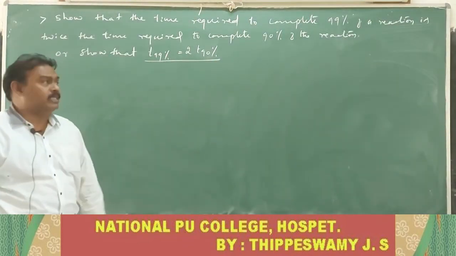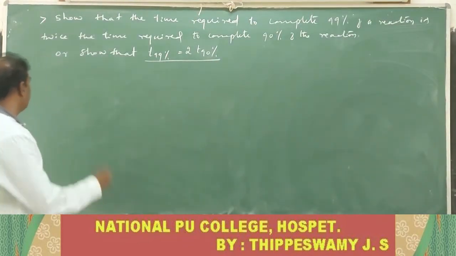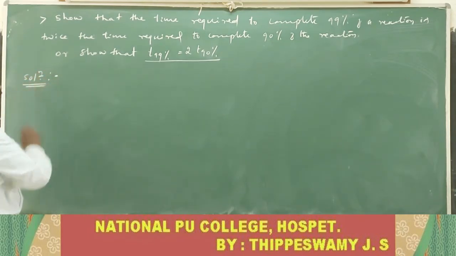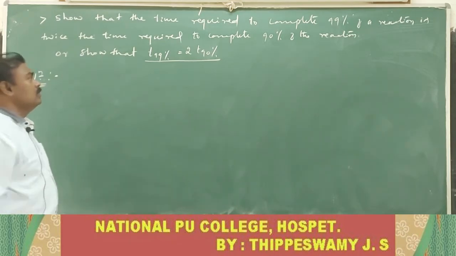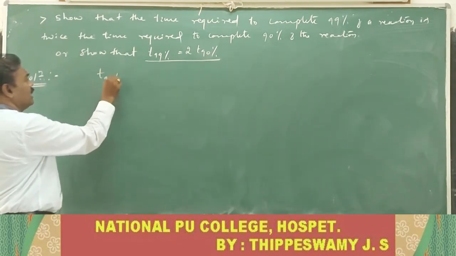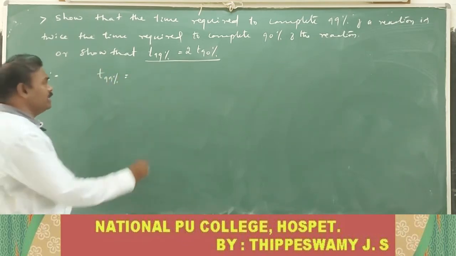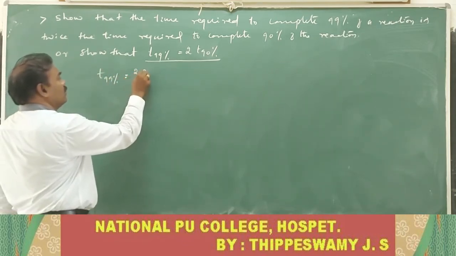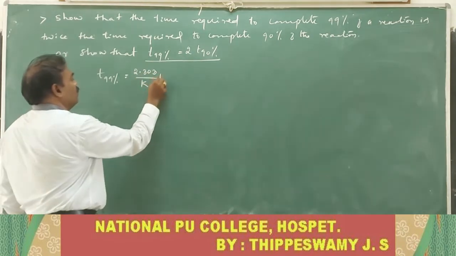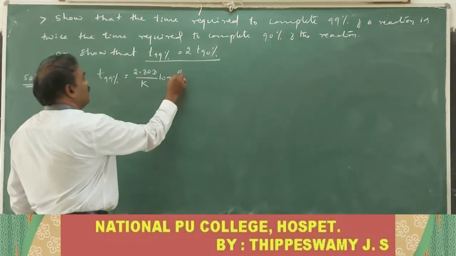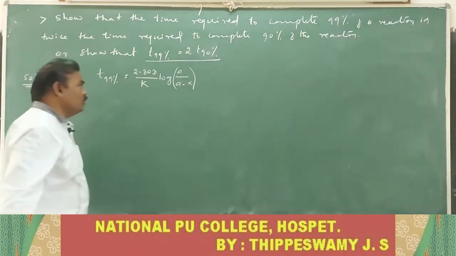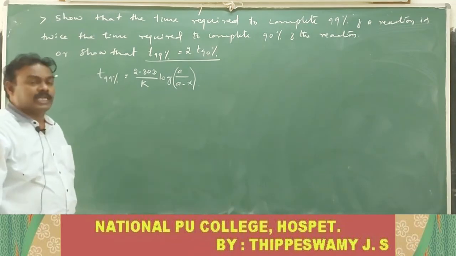So first of all, we'll go through the solution. Now write, according to first order kinetics, T 99% is equal to 2.303 divided by K into log of A divided by A minus X. This is the formula we know in the case of first order kinetics.